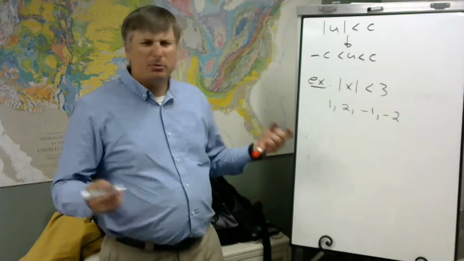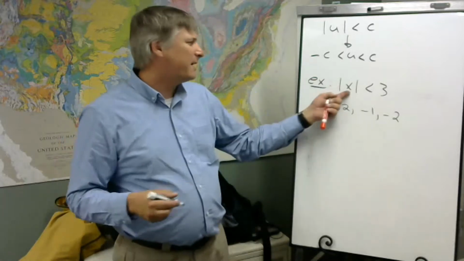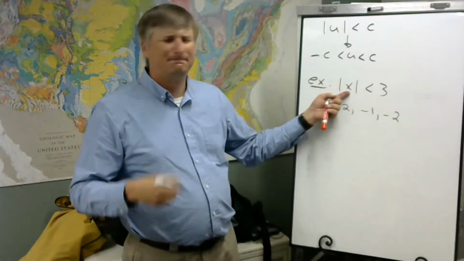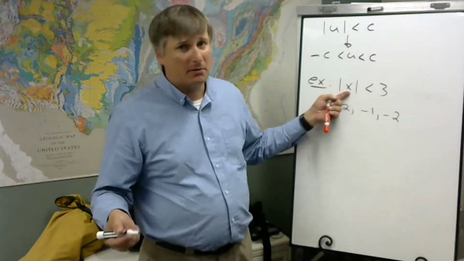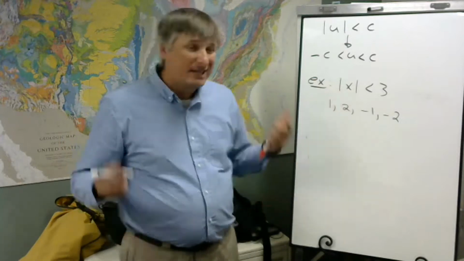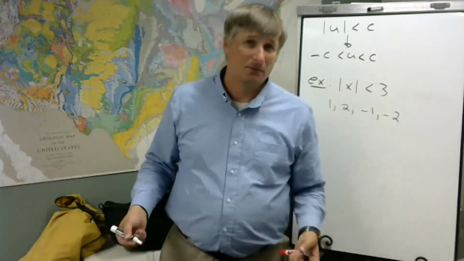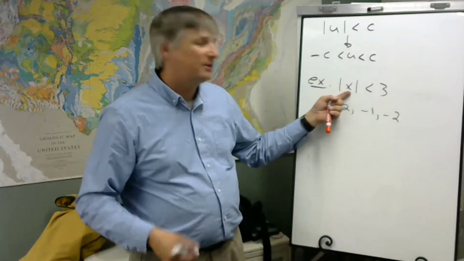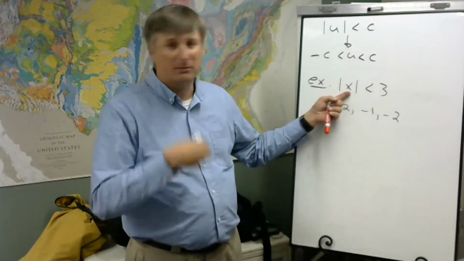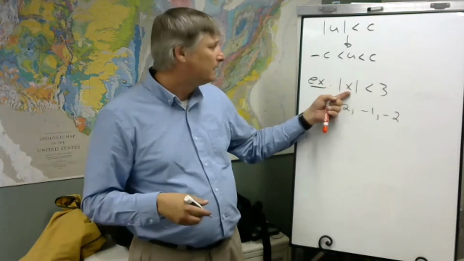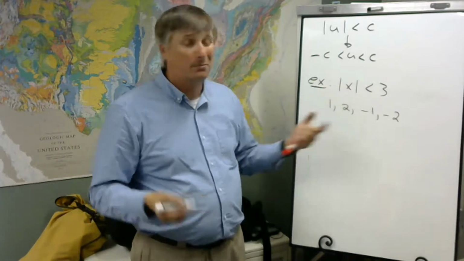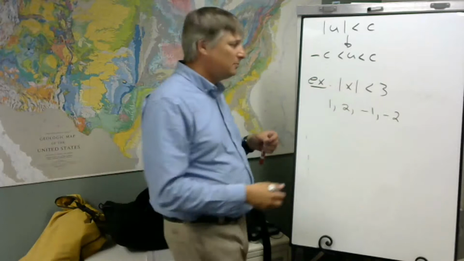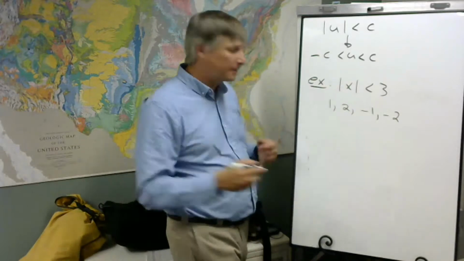But what if we brought in the number 4? Well, the absolute value of 4 is 4, and that's not smaller than 3. It's bigger. We get the same problem with -4. Absolute value of -4 is positive 4. Again, absolute value makes everything positive. And 4 is still bigger than 3. So we can't use -4 and 4.